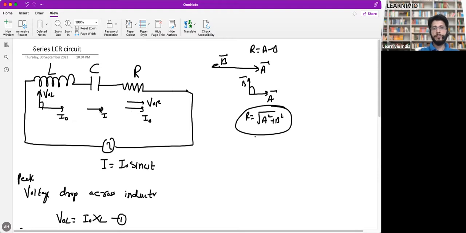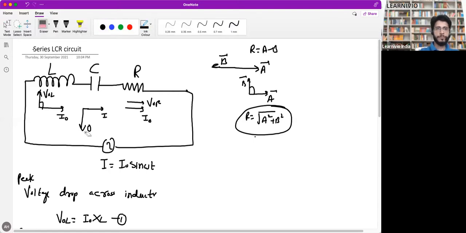What about the capacitor? Current leads, so voltage lags. Yes, sir. Right. Then we will use the parallelogram law to add all of them up.